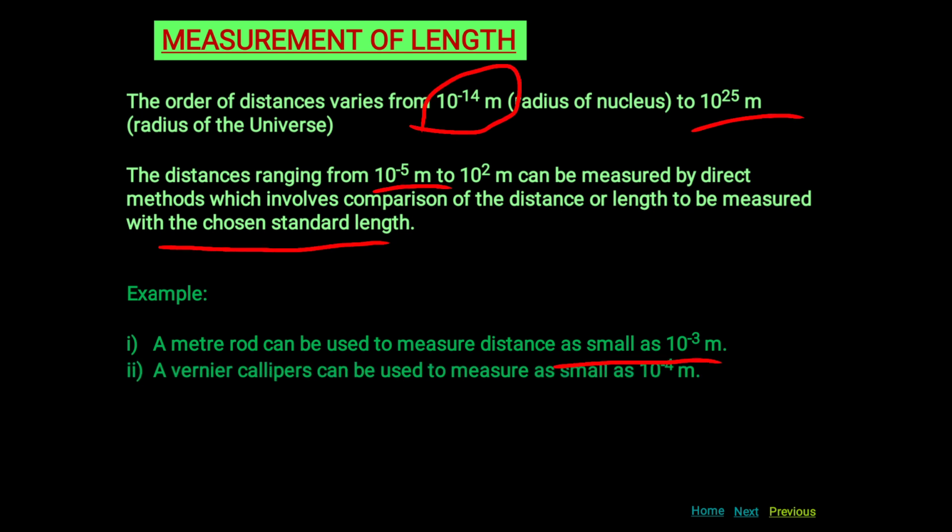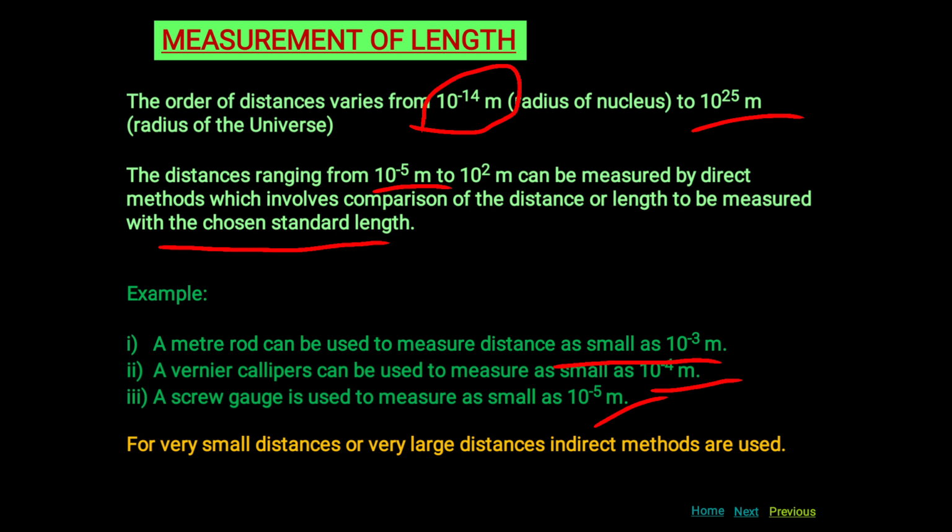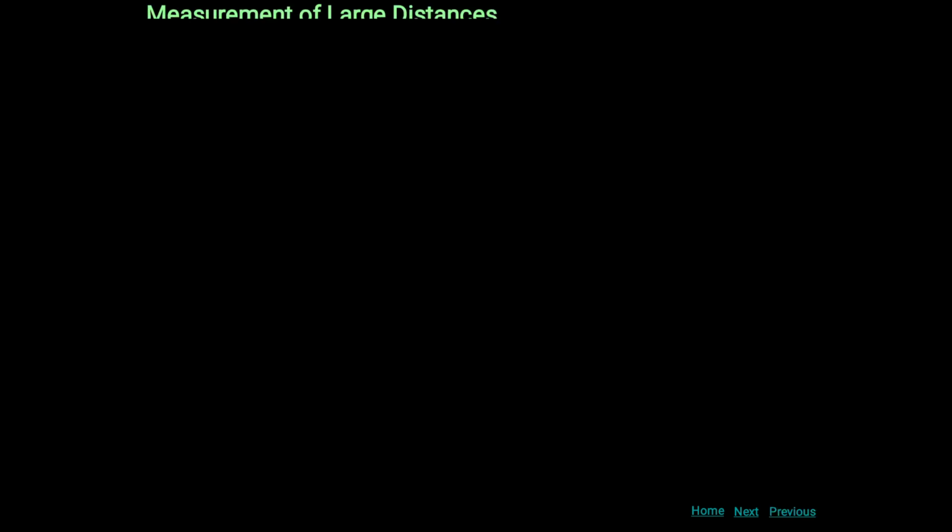Vernier calipers can measure as small as 10 raised to power minus 4 meter. A screw gauge is used to measure as small as 10 raised to power minus 5 meter. For very small distances or very large distances, indirect methods are used.